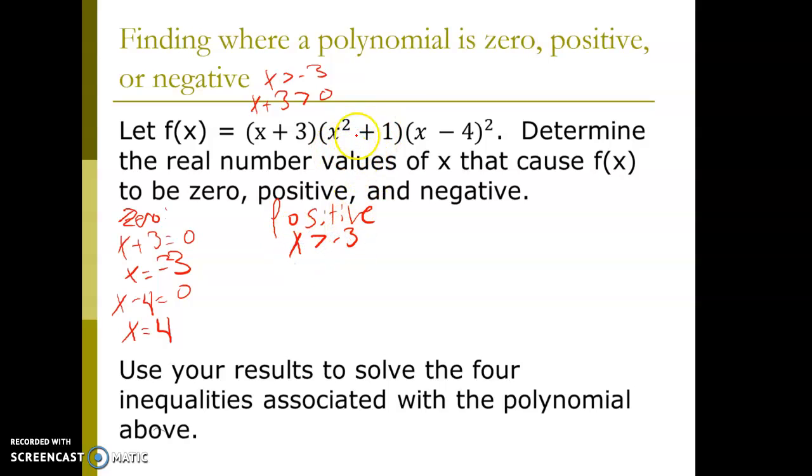For the second one, if you really think about it, all real numbers that you plug into this are going to be positive. Any real number, negative or positive, when squared gives you a positive number, and if you add 1, it's just positive, even if you plug in 0. So it'll be all numbers for the second one.